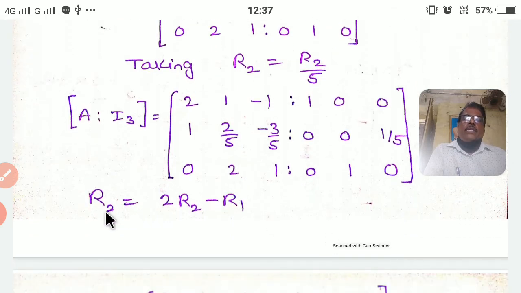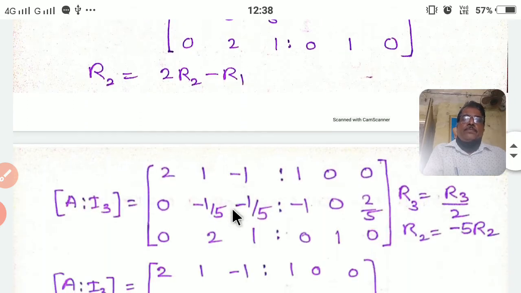Okay, next we make the operation R2 is equal to 2R2 minus R1. So now we write the elements of R2 by using the formula 2R2 minus R1. So multiply the second row with 2, then subtract the elements of the first row, that is R1.